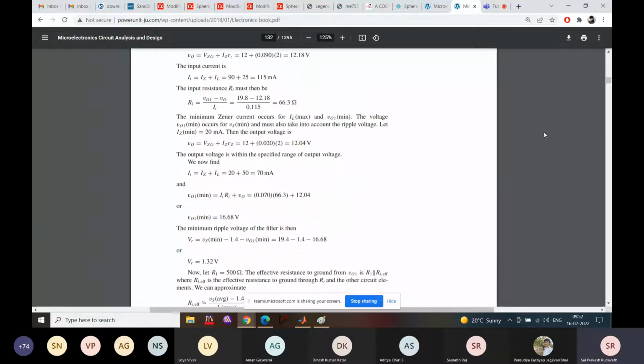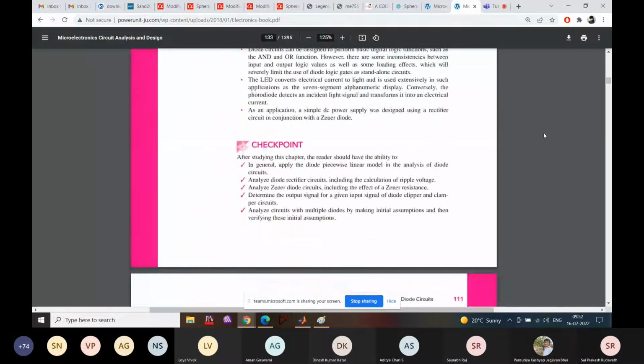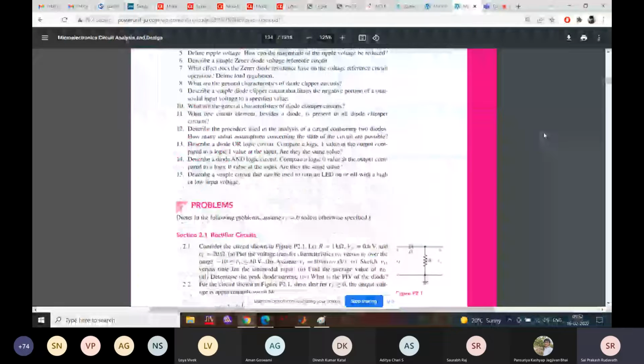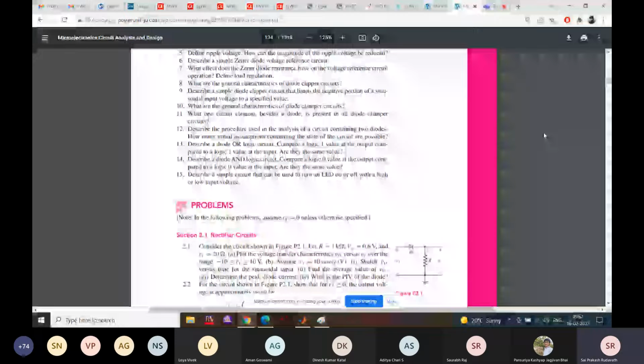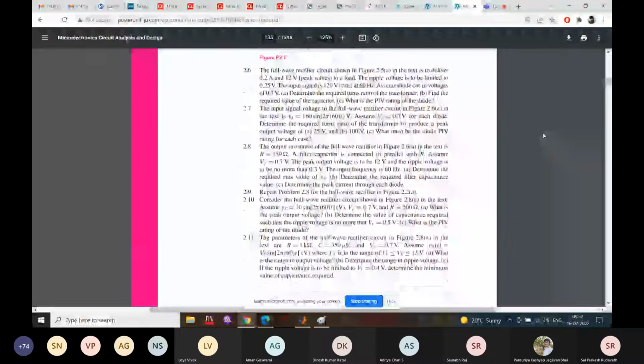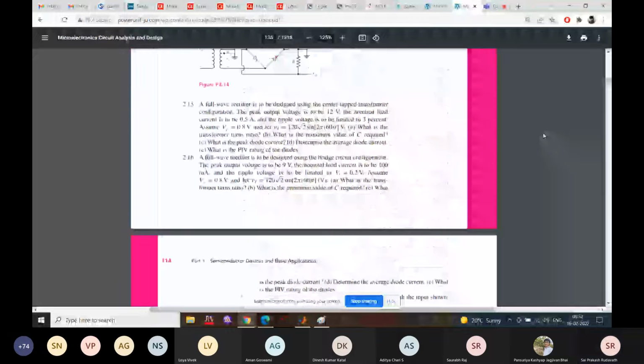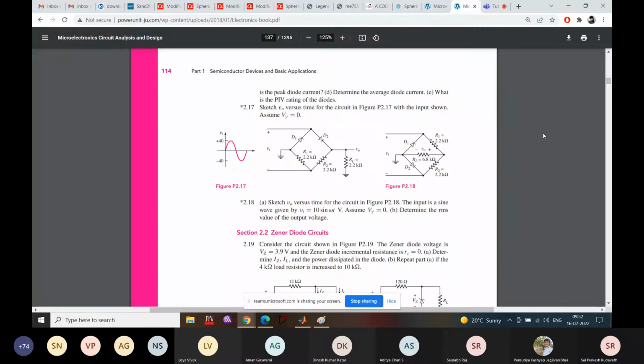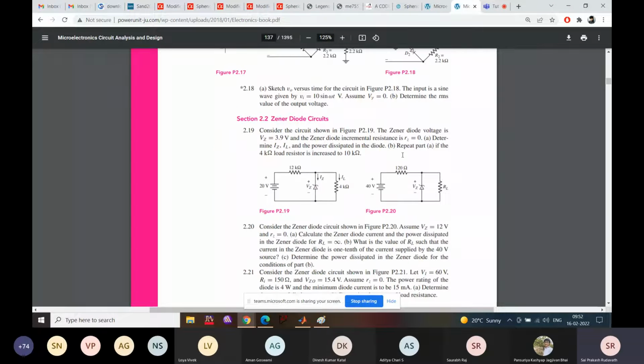So you'll get, I think I did 1.2 amps, maximum current flowing through zener. Okay, I'm not sure. Just try once again and confirm. Is the answer correct?